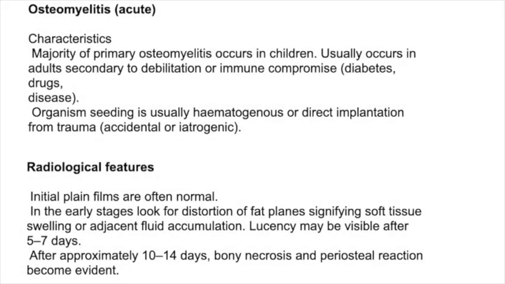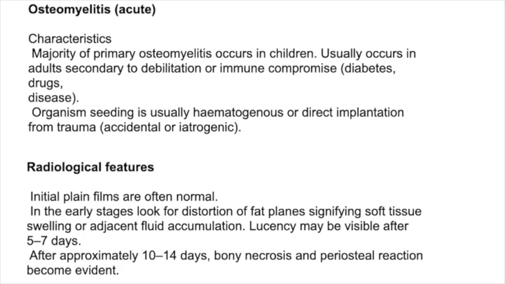Now let's talk about another infection of the bones, osteomyelitis. So osteomyelitis can affect any bones in the body. So what happens with osteomyelitis? The initial plain films are often normal.